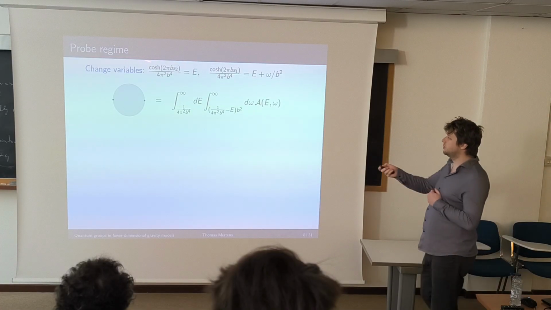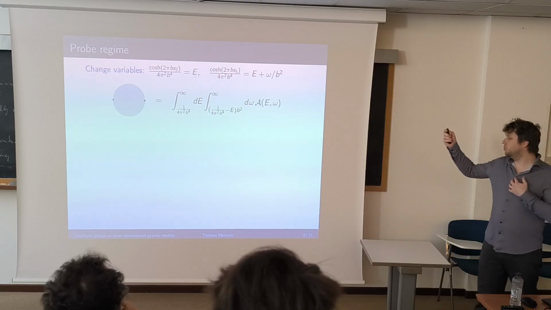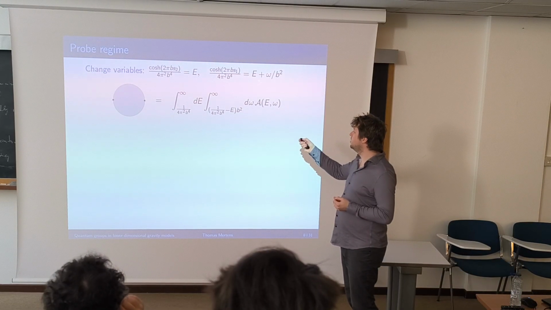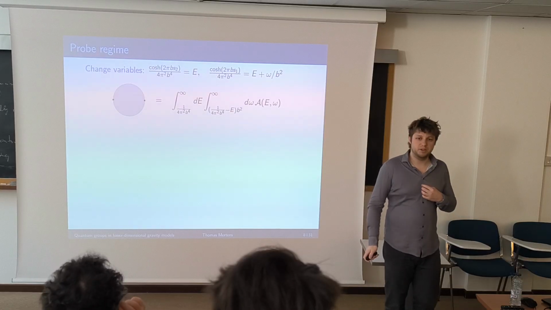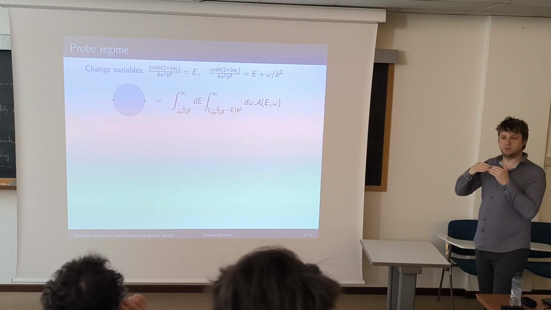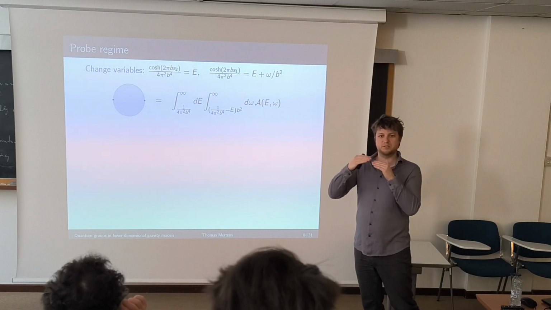I'm going to call one of them E, the energy, and then the other I'm going to call E plus ω over b squared. And I'm going to be interested in the regime where E will be large and this ω over b squared will be small. So large energies but small energy differences. So a large black hole and then a small energy probe, so it injects and extracts a small energy.